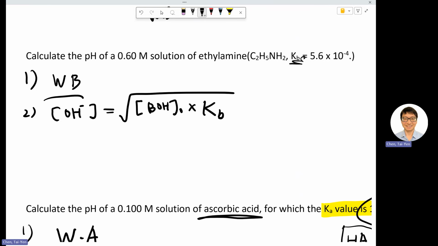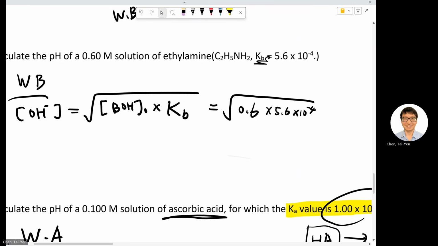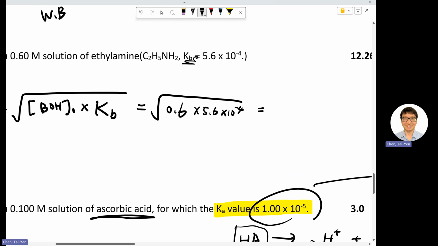So you need to memorize that. Okay. So what is the concentration? 0.6, right? And then what is the Kb? 5.6 times 10 to the negative 4. So if you do the calculation, type in that value.